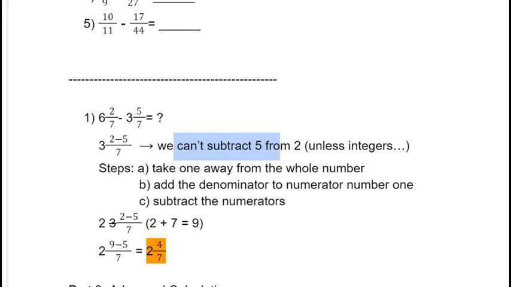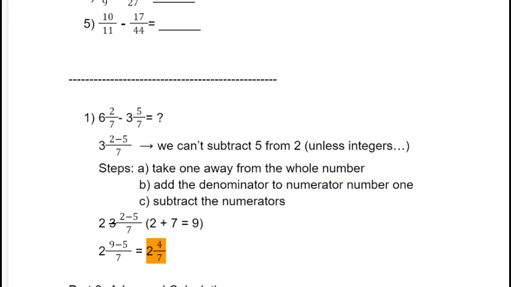We can't subtract 5 from 2 unless we're talking about integers, but at this level we don't want to use integers, so we don't want anything to be negative. If we take 2 minus 5, it's -3. We don't want negatives here. So what can we do? We have to take 1 away from the whole number, then add the denominator to the numerator, and subtract the numerators.